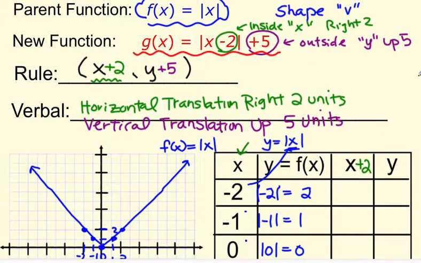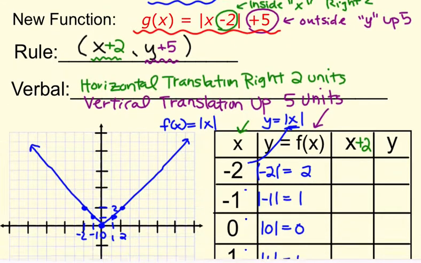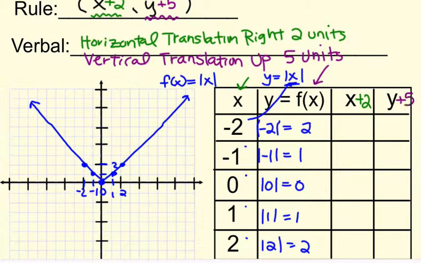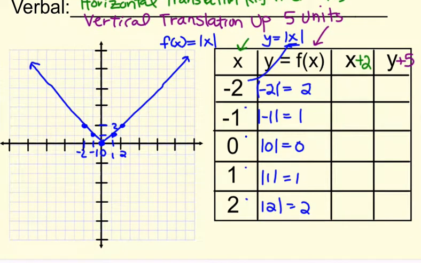Then on my y, I'm going to add 5. All of these numbers here, we're going to add 5. And that's going to come up with our new function. I'll stick with g of x using that same notation. G of x equals the absolute value of x minus 2 plus 5.